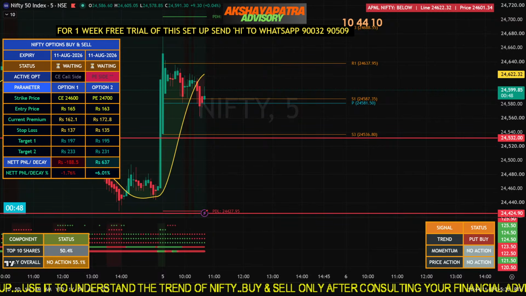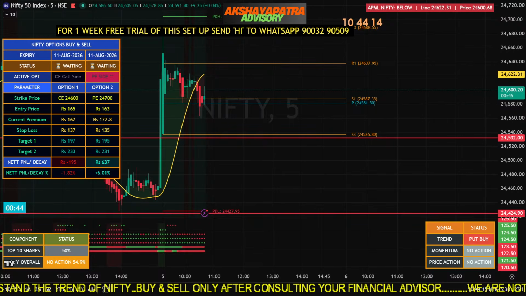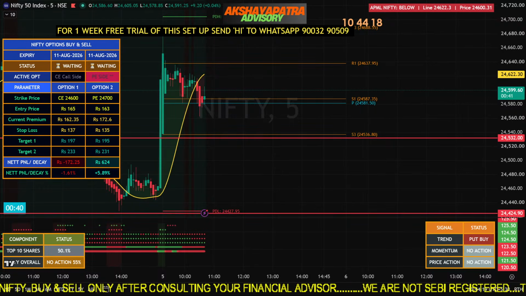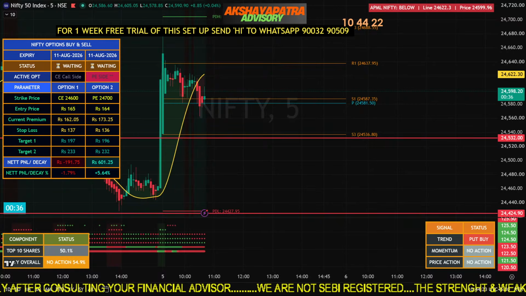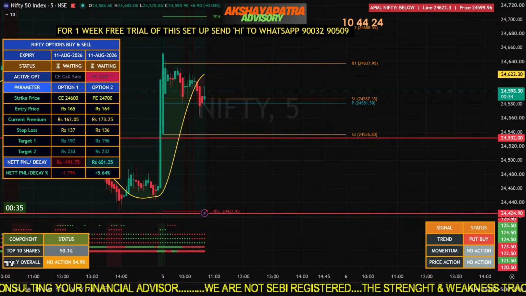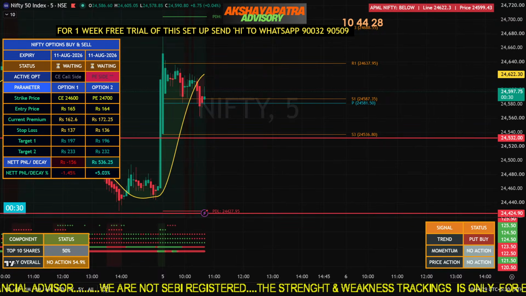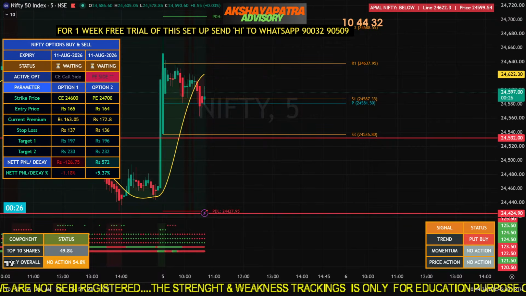That is why we suggest always points, because as you go closer to expiry, there will be an exaggerated movement of 40%, 50%, 60%. Then percentage won't help you there. 20% on 50 rupees will be just 10 points.